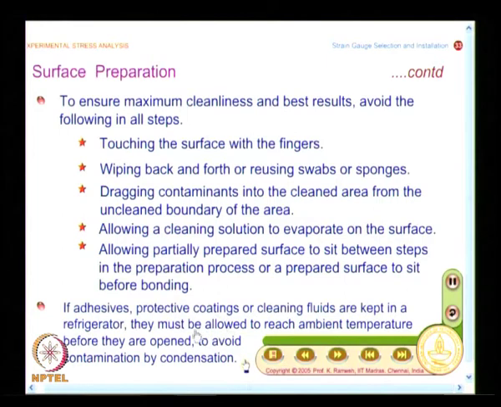When you take these fluids from the refrigerator, you should not use them directly. You should not open the lid immediately. They must be allowed to reach ambient temperature first, and only then you should open the lid, and this is necessary to avoid contamination by condensation.